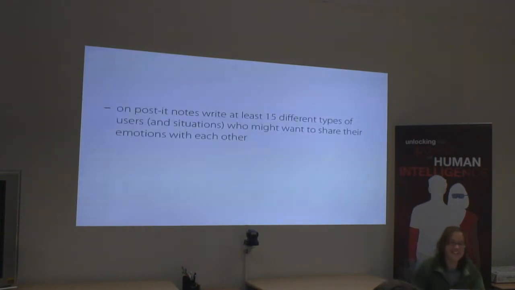And the task is that on individual Post-it notes you write 15 different types of users and situations, users who might want to share their emotions with each other. So get out of the typical thinking about a couple and try to think about different relationships between people and situations when they would like to share their emotions.